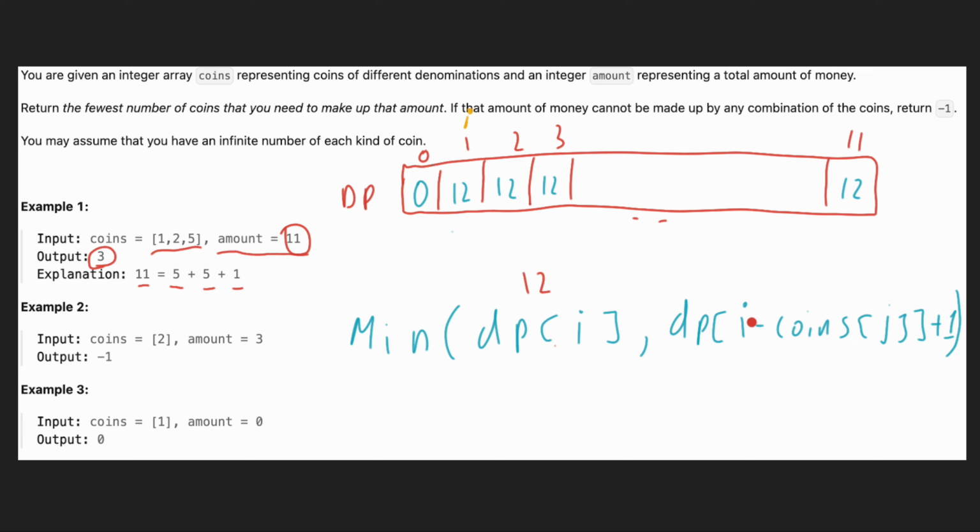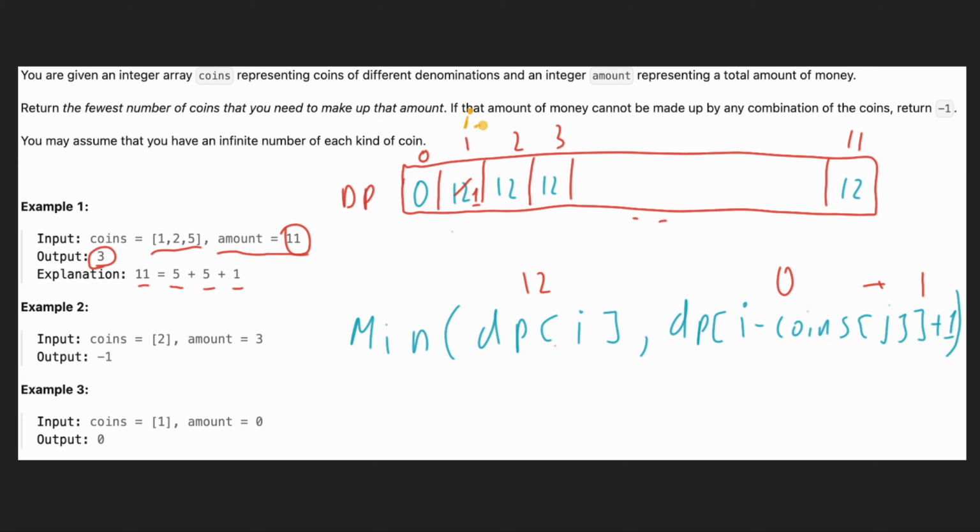So i minus coins[j], we are taking the first coin, which is equal to 1. 1 minus this 1 gives us 0. dp[0] is 0, and we are using 1 coin here, so that's why we are adding 1. So 0 plus 1 gives us 1. Now we are taking the minimum of 12 and 1, so the minimum that we are replacing with is 1. So we need only 1 coin to make up the amount equal to 1. We solved this sub-problem.